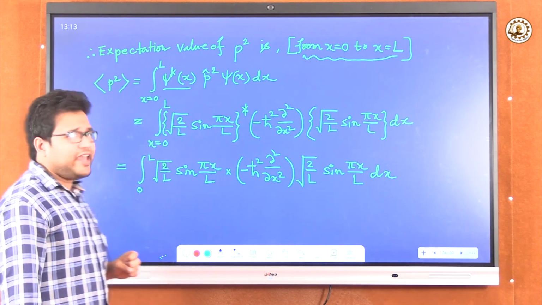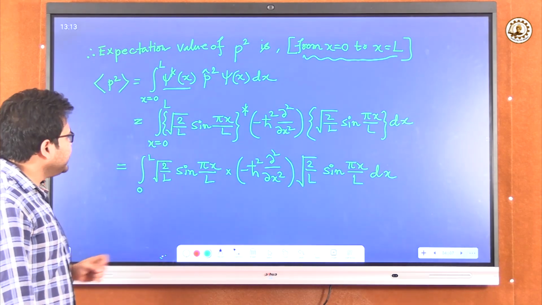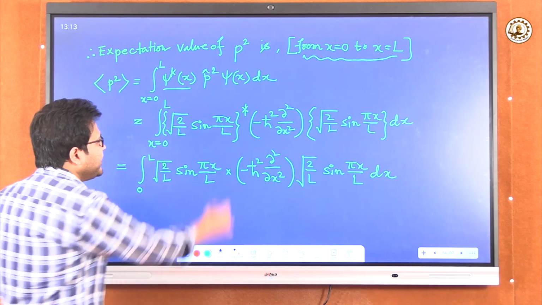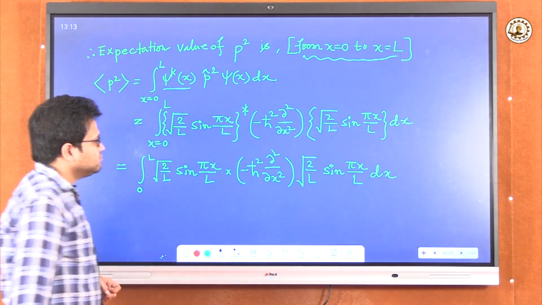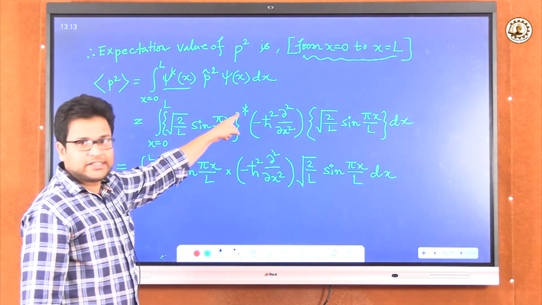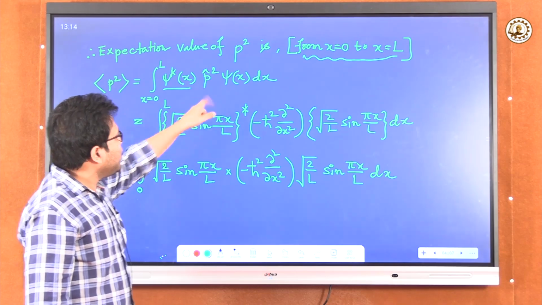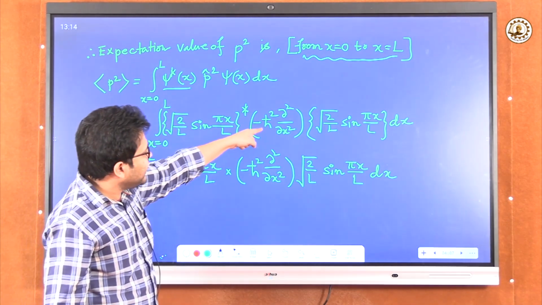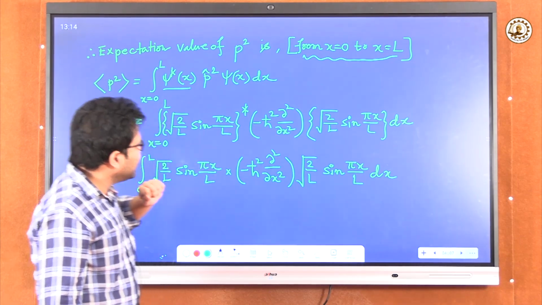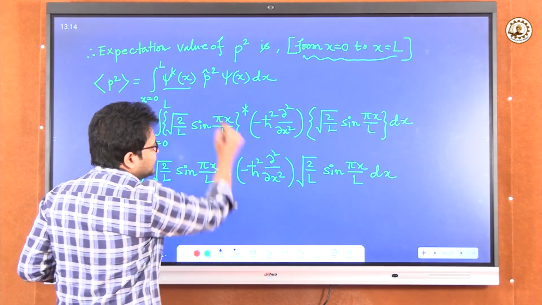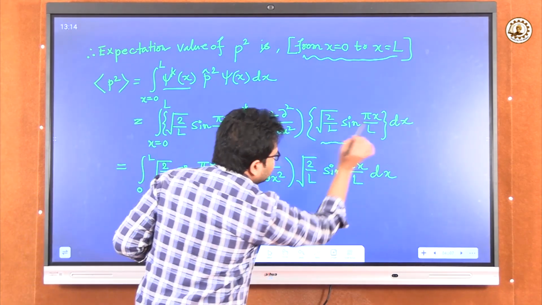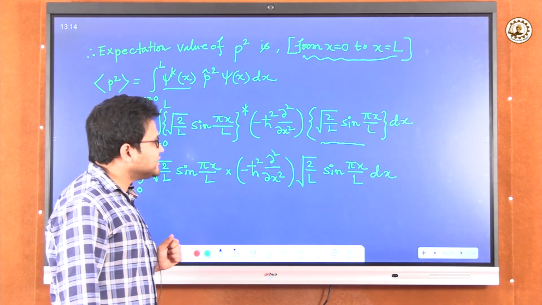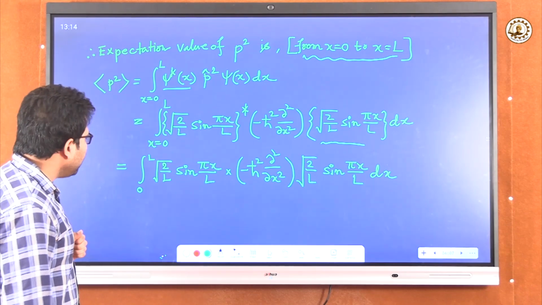Now I am writing the expression for the given wave function, root under 2 by L sin pi x by L, and taking its complex conjugate here, denoted by star. Now we have already evaluated the expression for p squared, that is minus h cut squared del 2 del x 2, which will operate on chi of x, that is root under 2 by L sin pi x by L, dx.